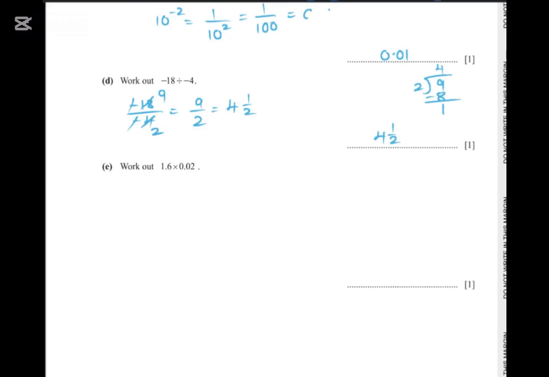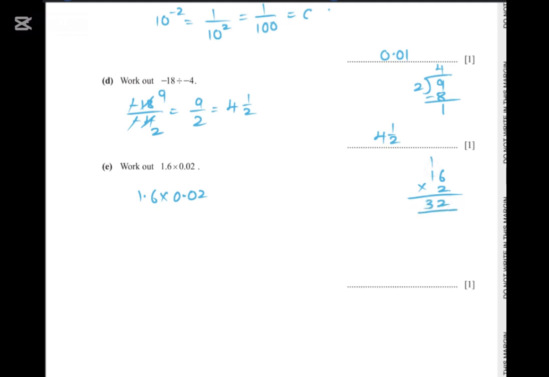Question number E. Work out 1.6 into 0.02. For decimals, the easy way to multiply is to take the number part in the question, like 16 and 2, and multiply. 2 6s are 12, 2 1s are 2, plus 1 is 3.